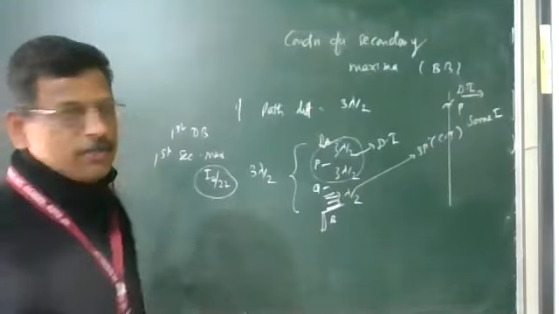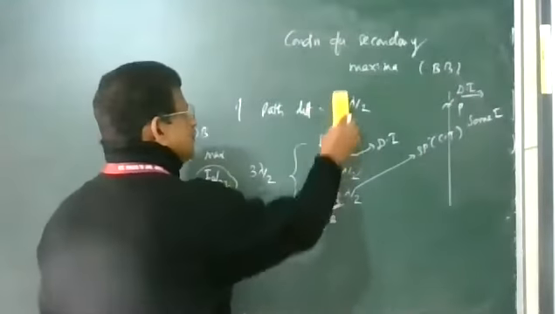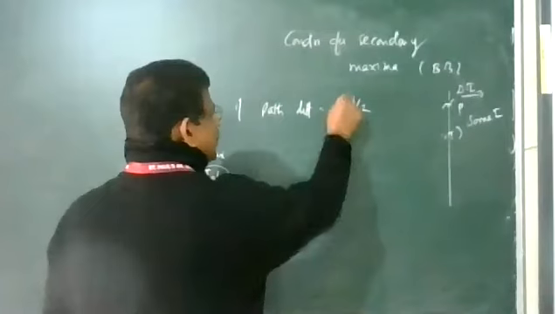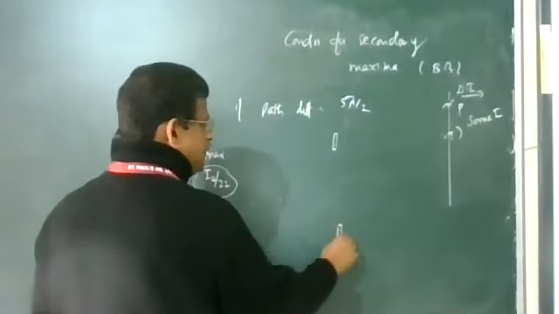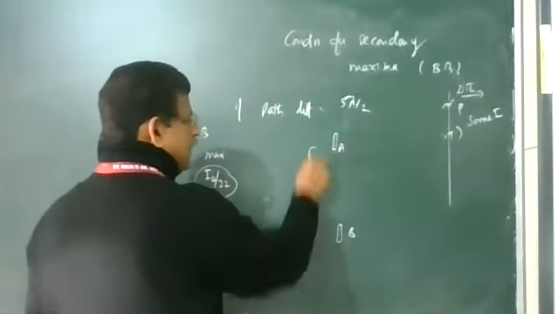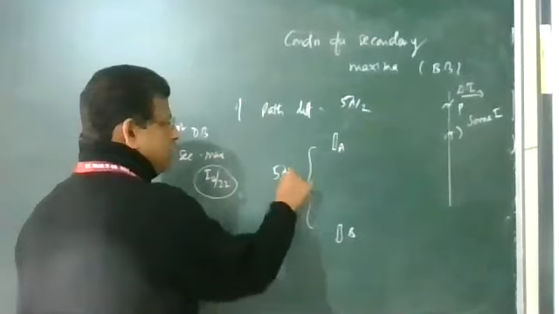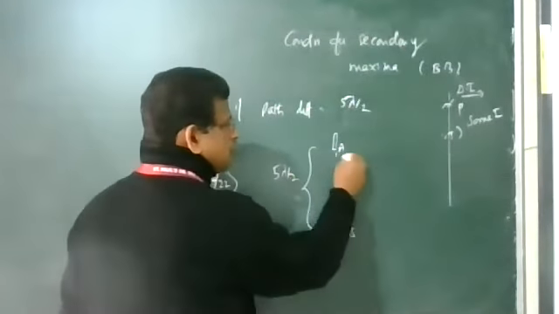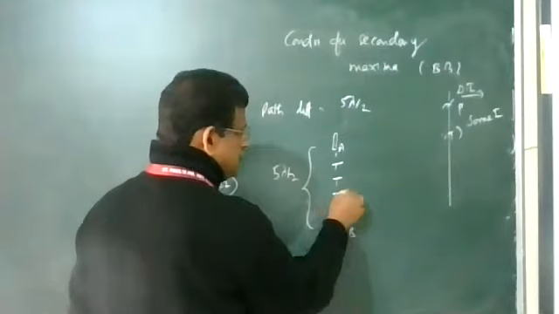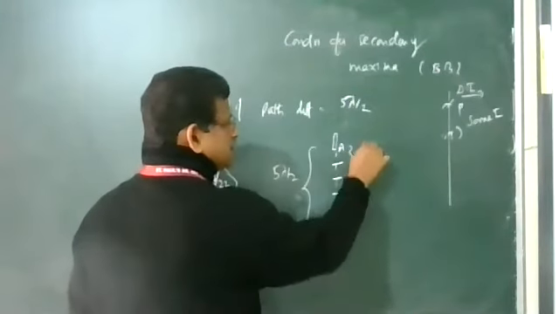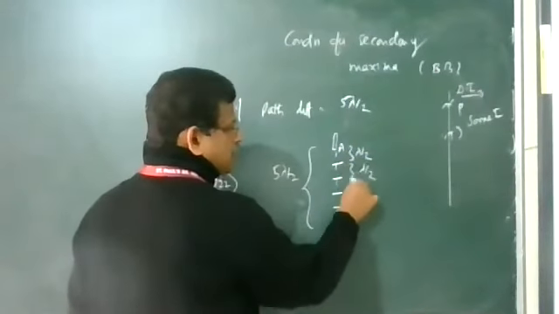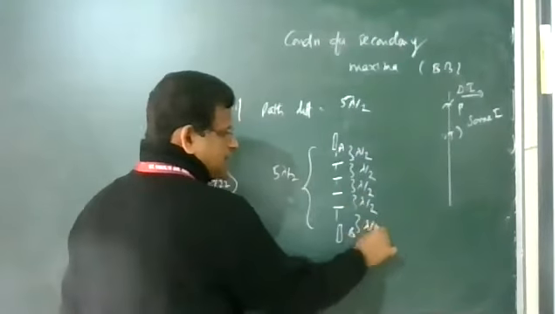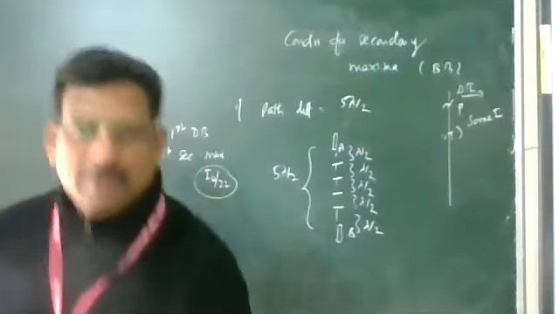Similarly, suppose the path difference is 5 lambda by 2. Between A and B it is 5 lambda by 2. How many parts is it divided into? We divide it into 1, 2, 3, 4, 5 equal parts, and each part has a path difference of lambda by 2.